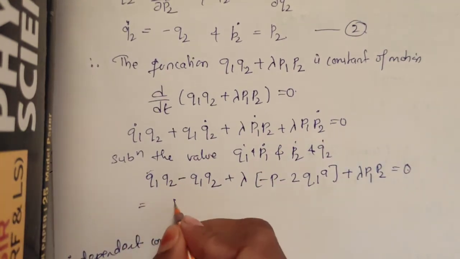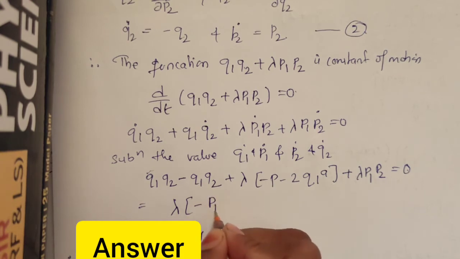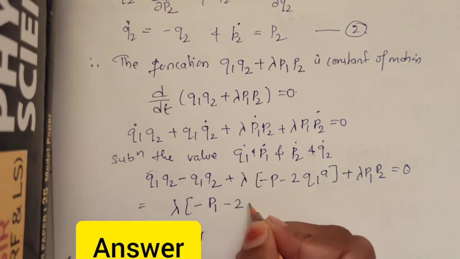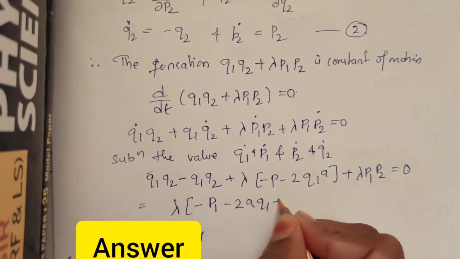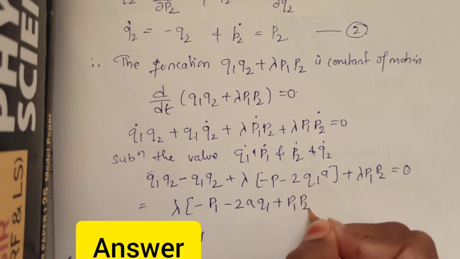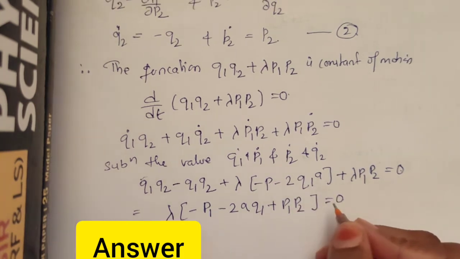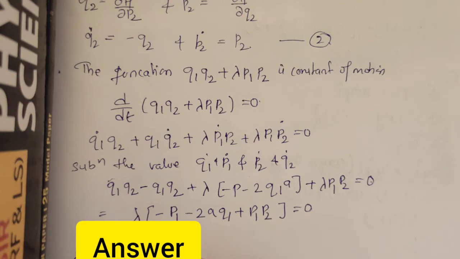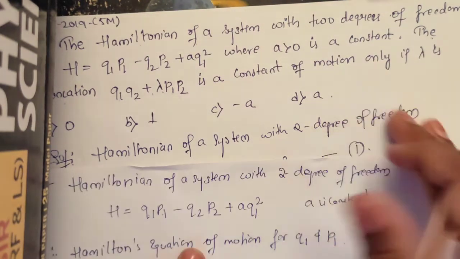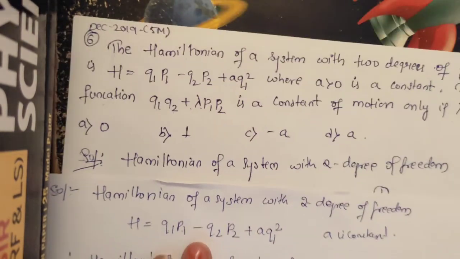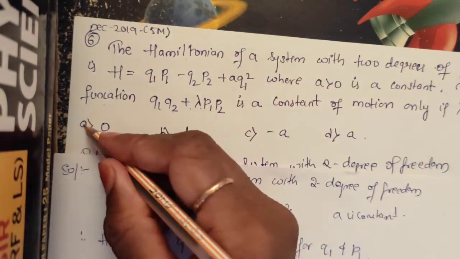That is lambda into minus P1 minus 2A Q1 plus P1 P2 equal to 0. Okay. So therefore the lambda value will be equal to 0. So for this given question, the value of lambda is 0.